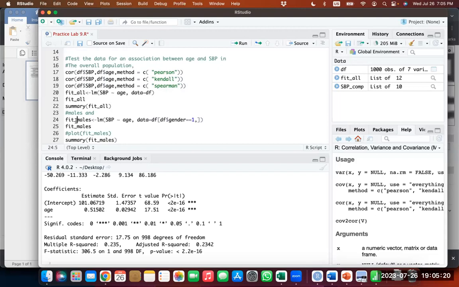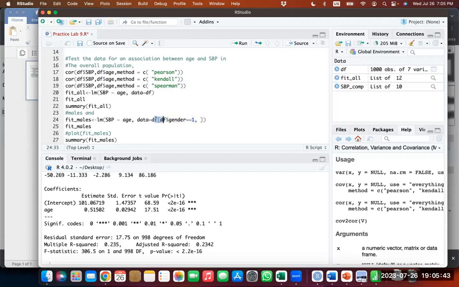Everything before the comma restricts the rows. Everything after the comma, you can alter the variables you're interested in. We want all the variables of df, so we leave it blank. And we only want those rows, before the comma, where gender double equals 0.